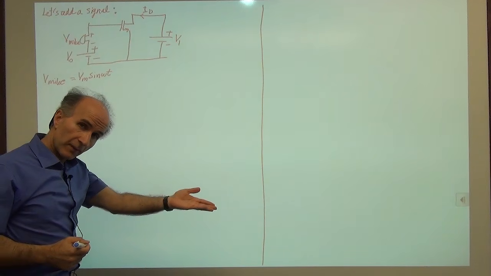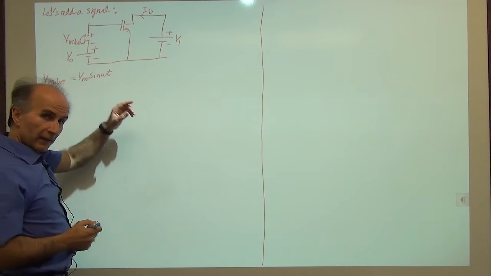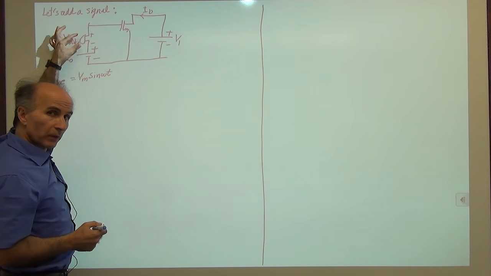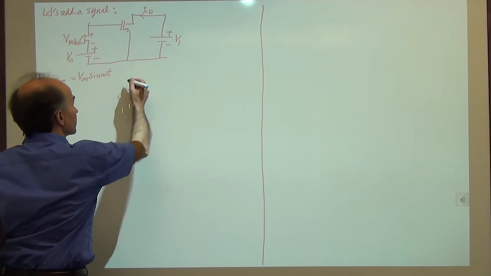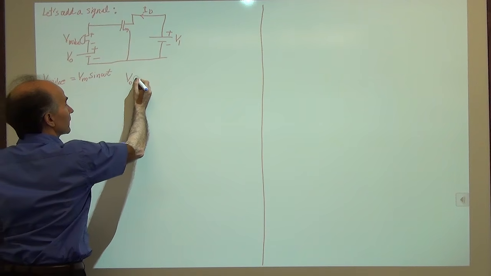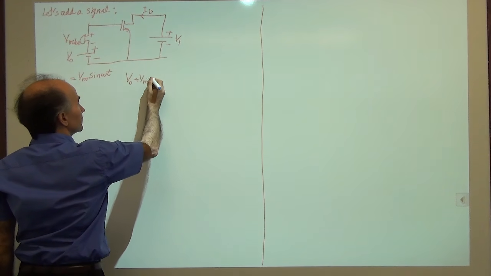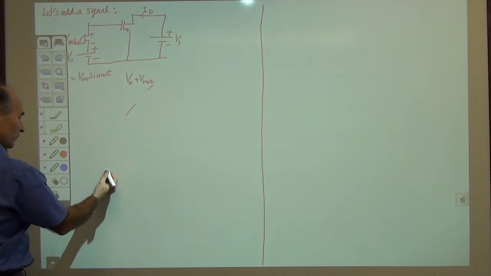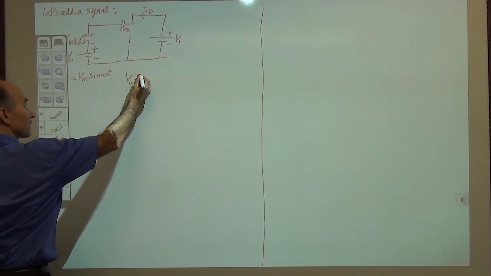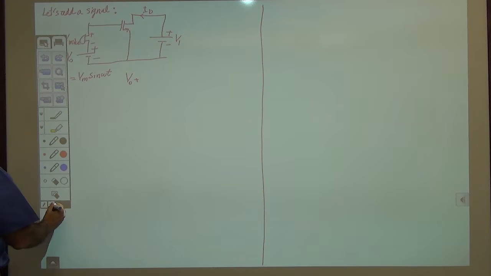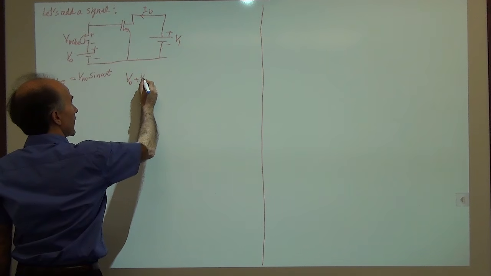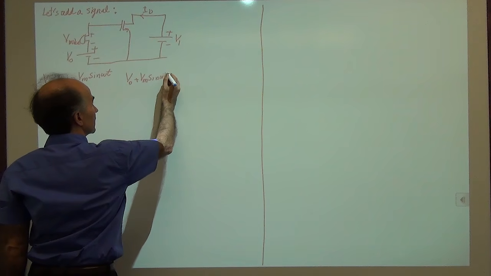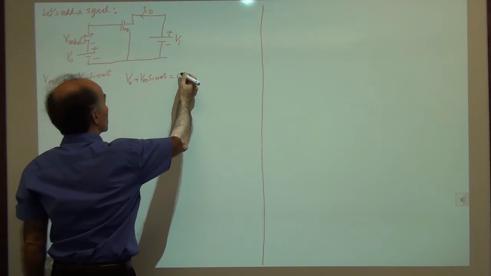Well, I have the same equation as before, except that V0 is replaced with V0 plus Vmic. So I'll just write the equation for it. V0 plus Vm sine of omega t is equal to, what did we have there?